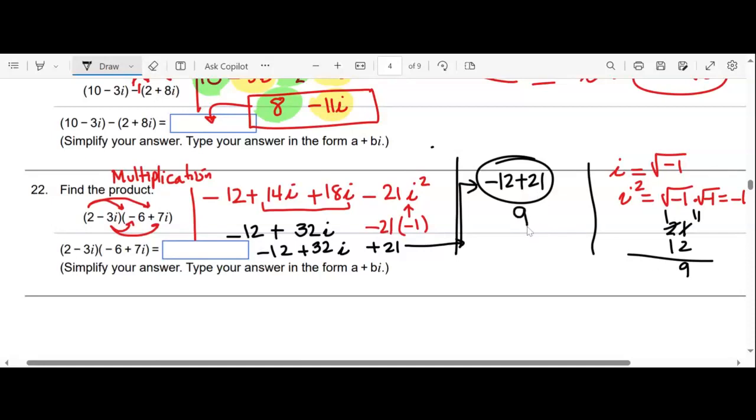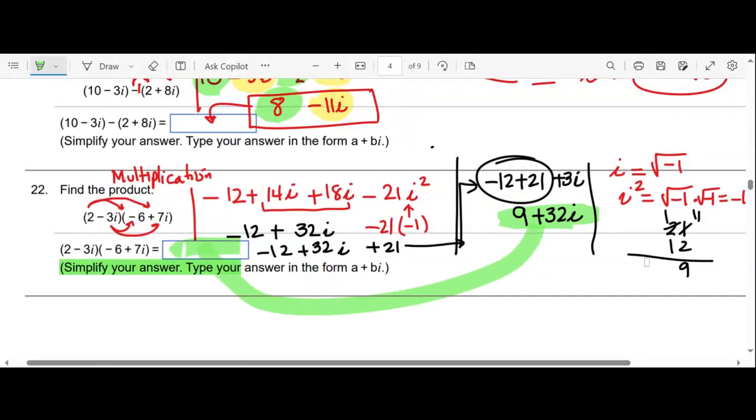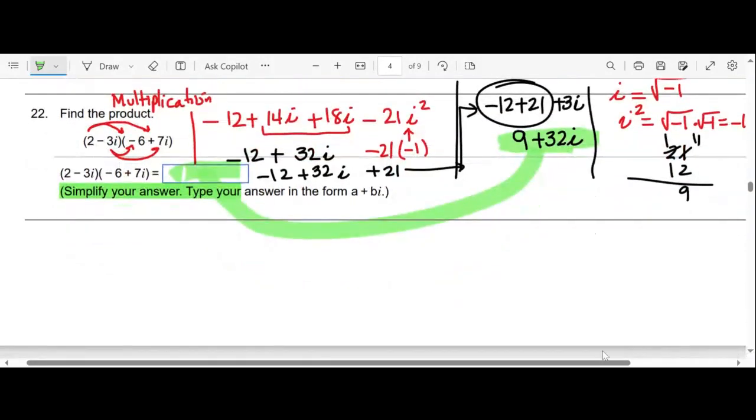So this gives you 9, and you have plus 32i. Is this clear? So that's your final answer. Put it in the box. Clear?